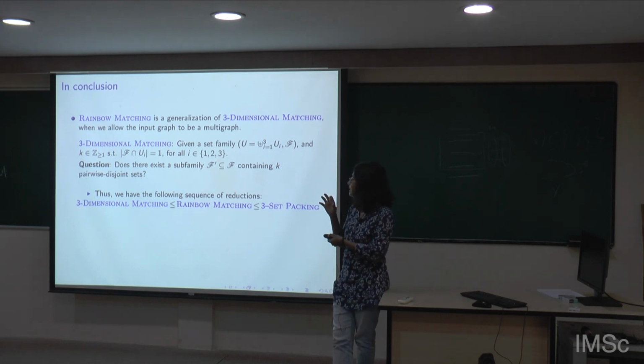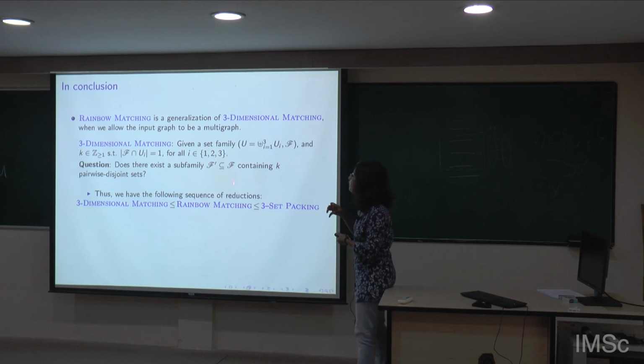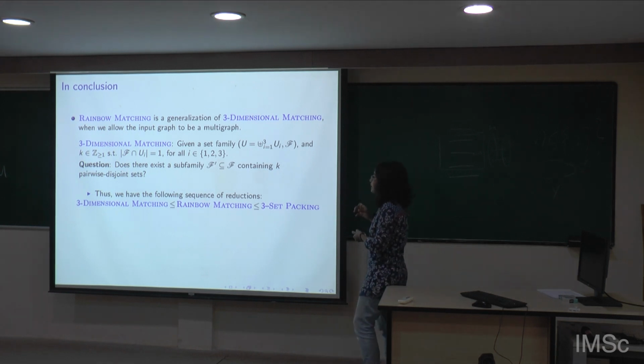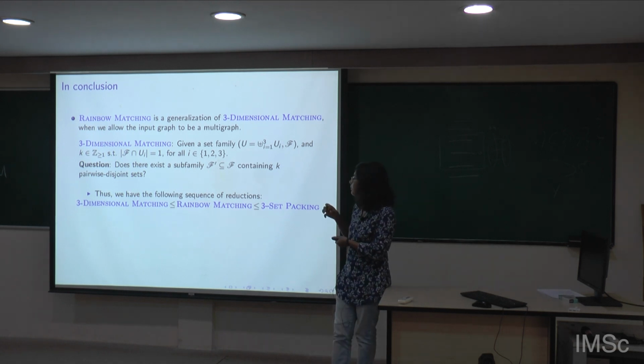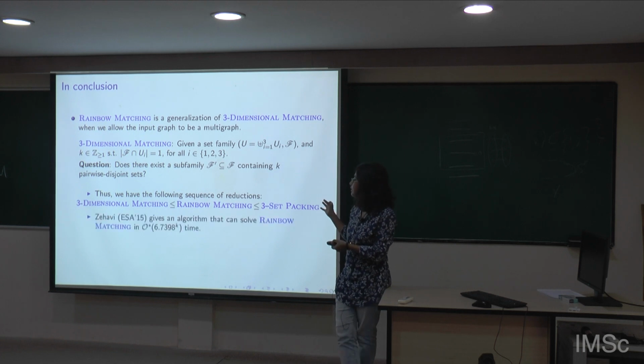So you have 3 side sets, and in the family you have one element from each of the types of sets, and then we are looking for a subfamily that contains k pairwise disjoint sets, of size at least k. This problem can be reduced to rainbow matching, so this gives a bound on the other side.